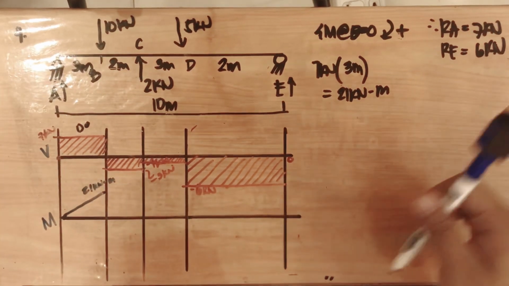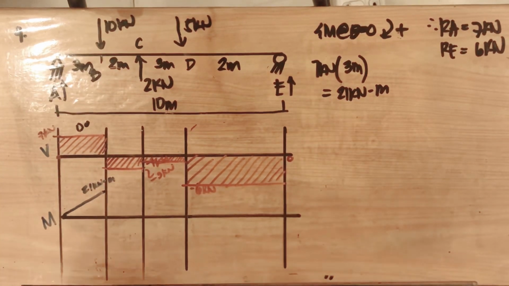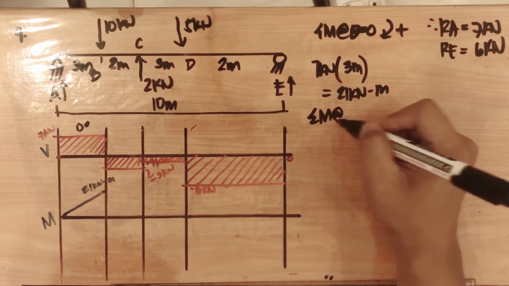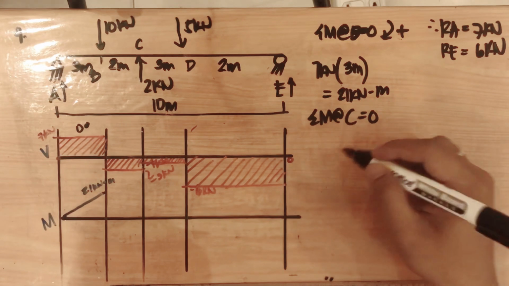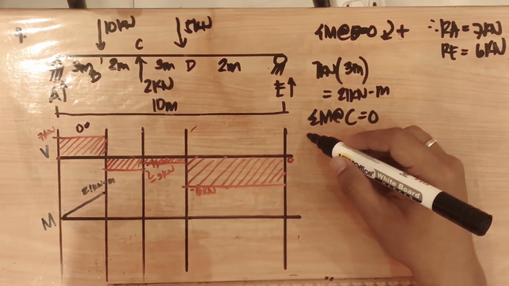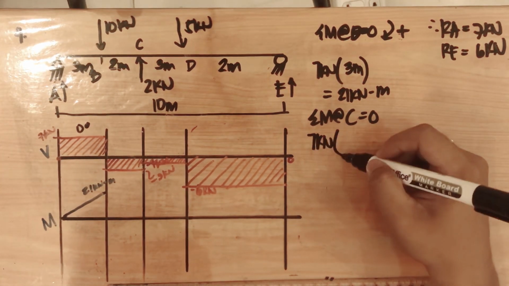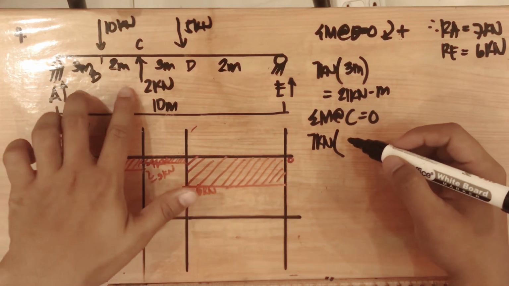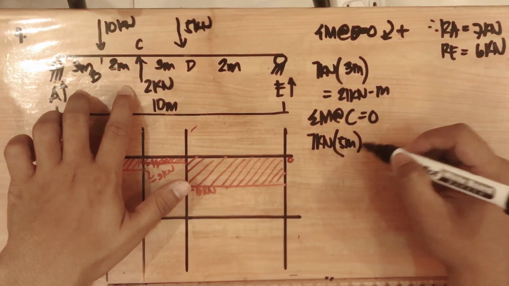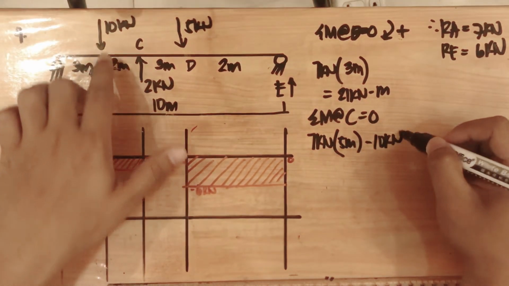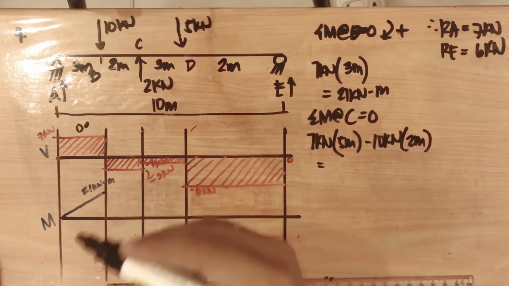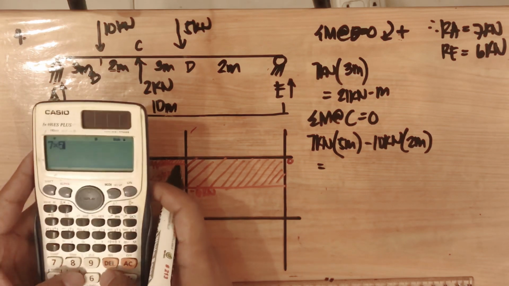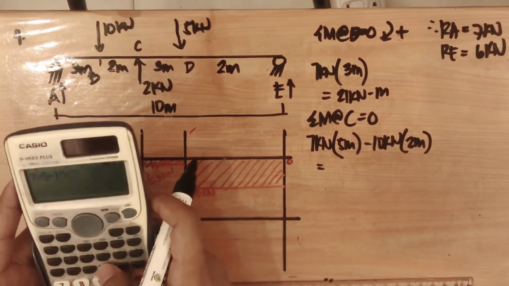Then next, moment naman tayo at point C. So, summation of moment at C equals to 0. So, RA natin is 7 kilonewton times distance, total distance is 5 meters minus 10 kilonewton times 2 meters. So, ilan yung moment at point C? So, 7 times 5 minus 10 times 2.